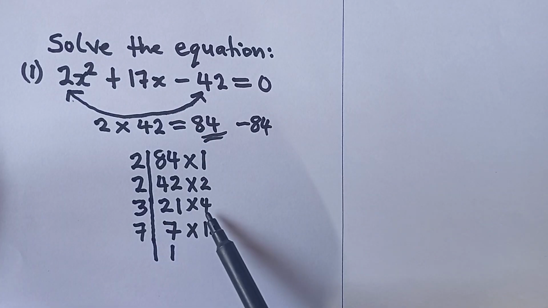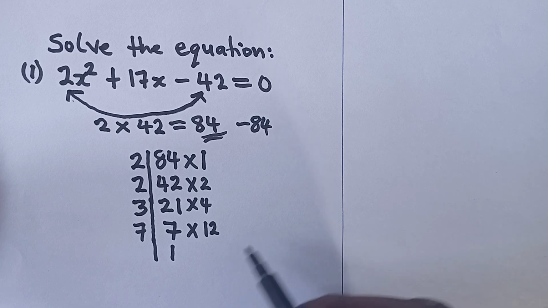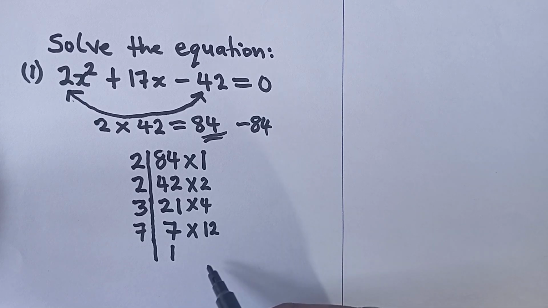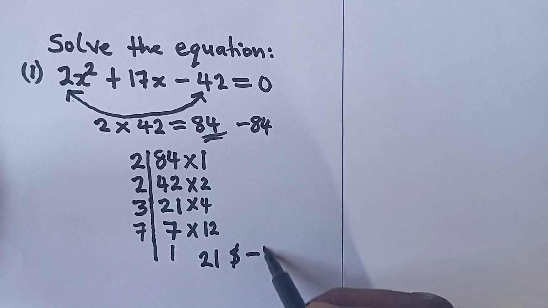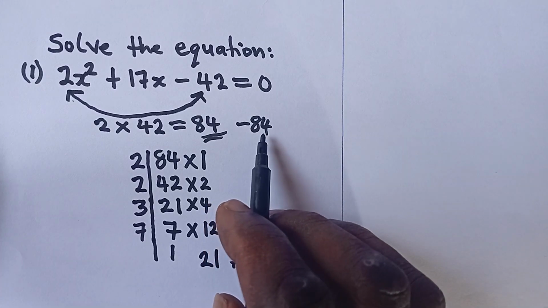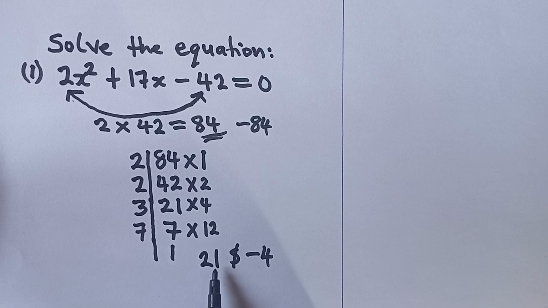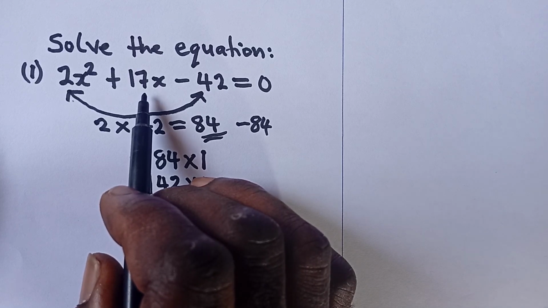So the possibility is when this 21 is positive 21 and the 4 is a negative 4. So 21 multiplied by negative 4 will give us negative 84, and 21 plus negative 4, or 21 minus 4, will give us positive 17.